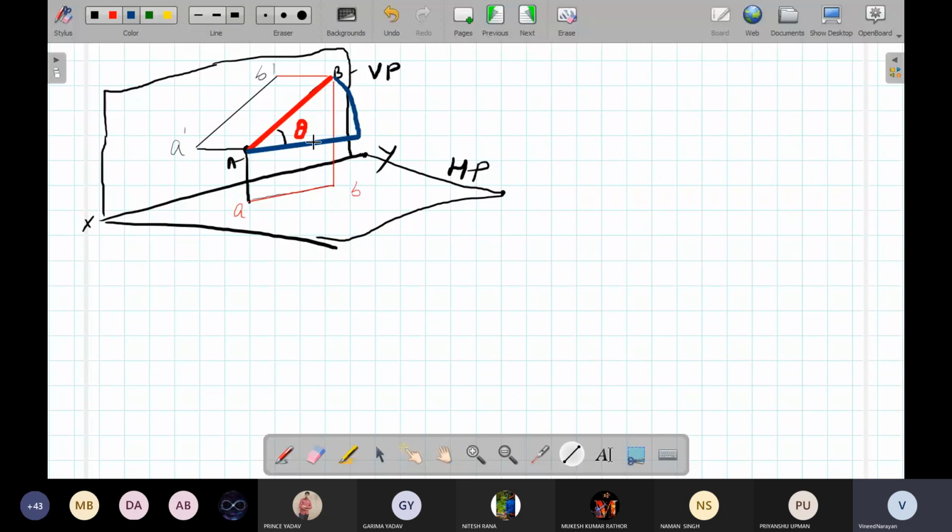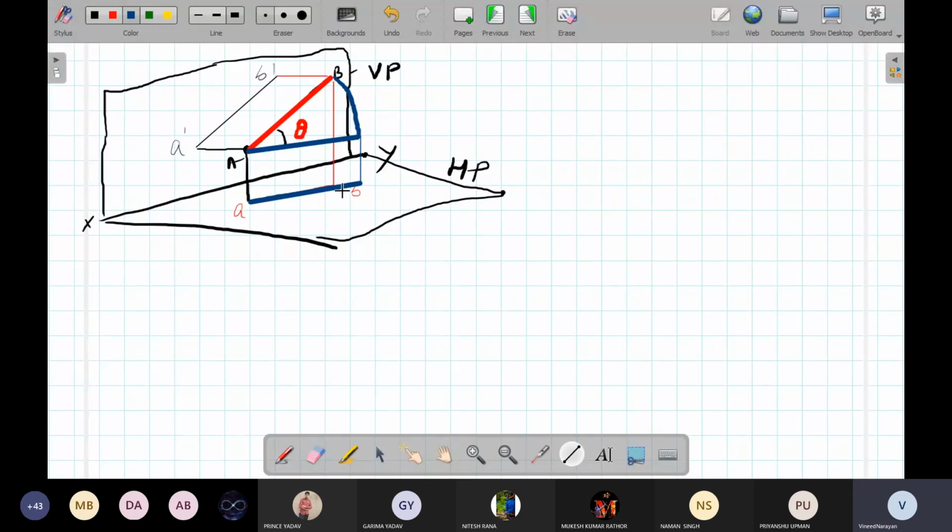Now again, if you project, now I will draw the other line. See, after rotation and projection, we will get a longer line.